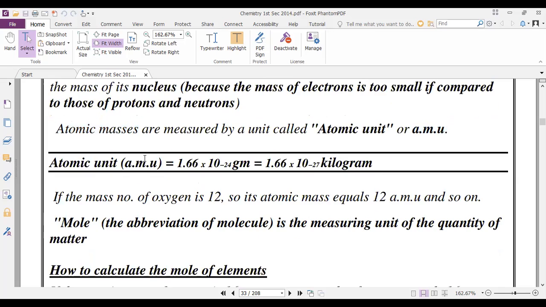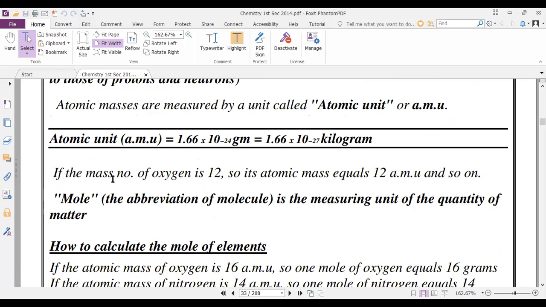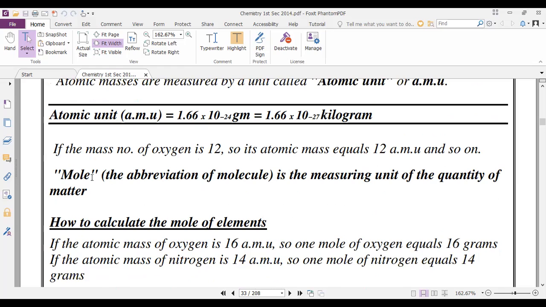And the atomic mass unit has a fixed number, which equals 1.66 times 10 power negative 24 grams, or 1.66 times 10 power negative 27 kilograms.